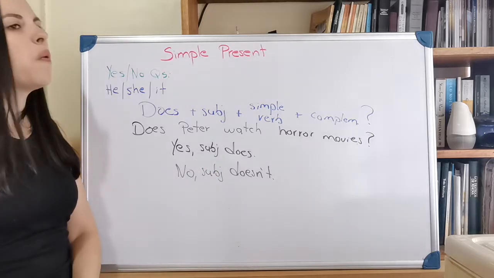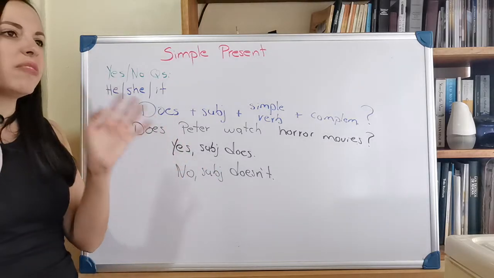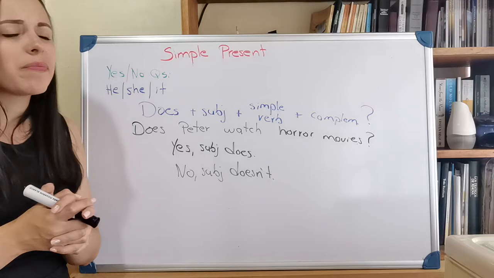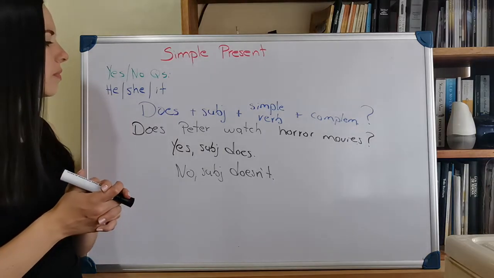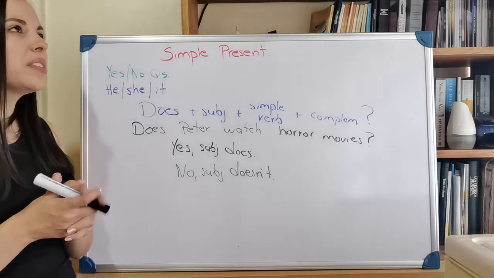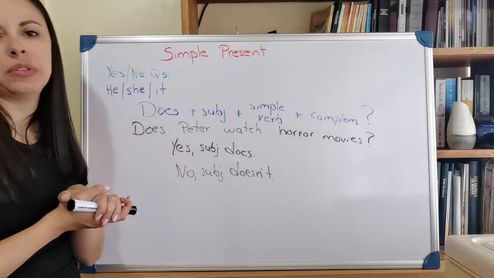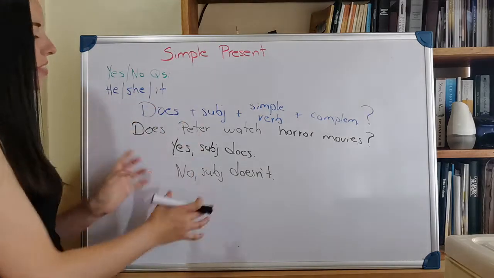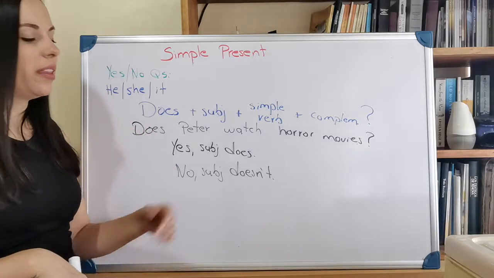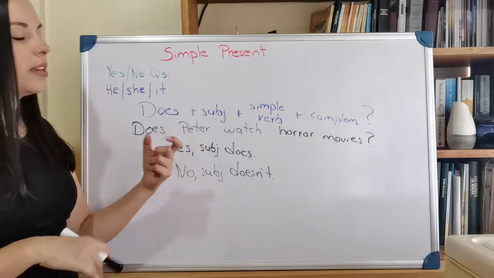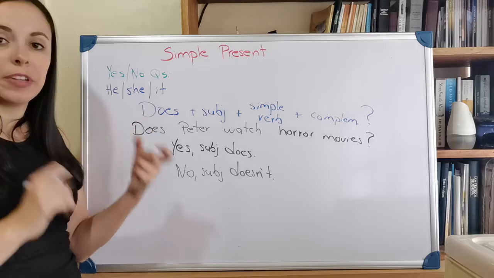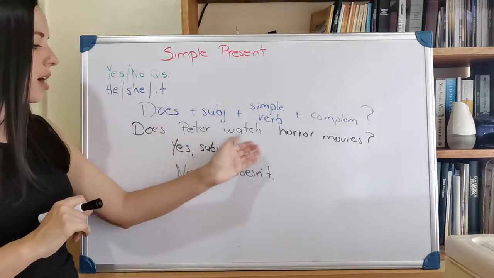We can say like, well, he kind of likes them, or well, sometimes he watches some horror movies, but not that frequently. Okay, but basically we can say yes or no, and these are the structures. If the answer is affirmative, we say yes, he does.